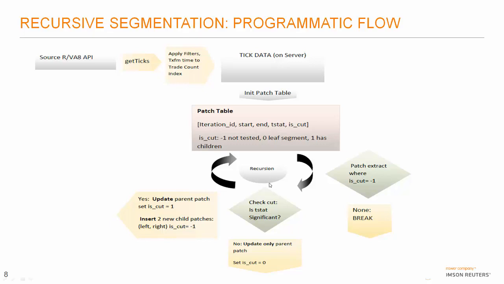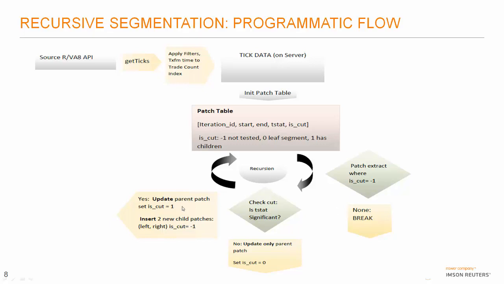If there are patches to test, where we have our isCut flag set to -1, then we need to decide whether there is a significant cutting point for that patch. And of course, if there are no patches to test, that's the signal for the loop to end.